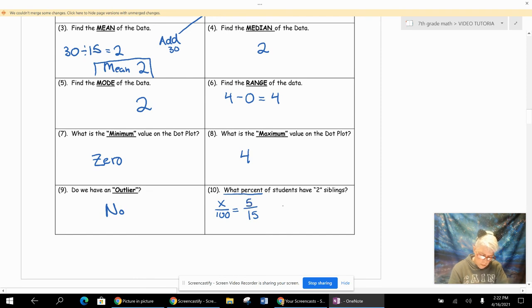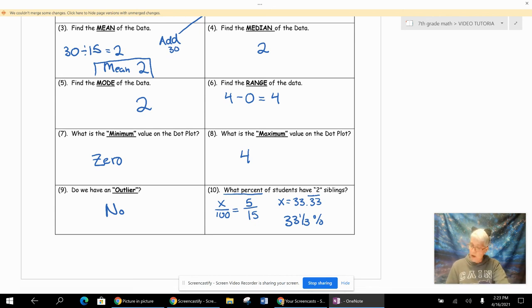I cross multiply and divide, and I will end up with 33. It's actually a repeating decimal, and the correct way to write that as a percent is 33 1/3%. So again, that was cross multiplying and dividing. We've done it a bunch.